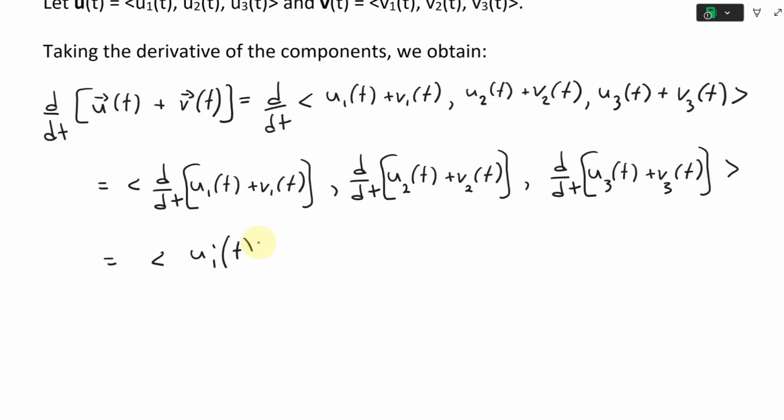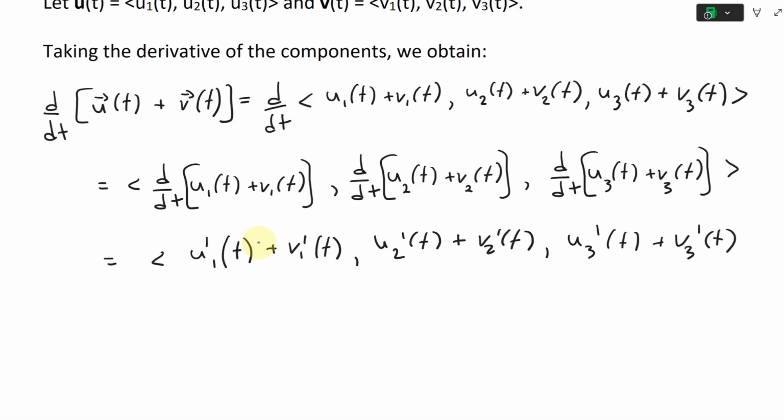The derivative of a sum is the sum of the derivatives. Then u2 prime of t plus v2 prime of t, and u3 prime of t plus v3 prime of t. That's how we solve all these properties of vector function derivatives: take derivatives of components and follow the real valued function derivative rules.